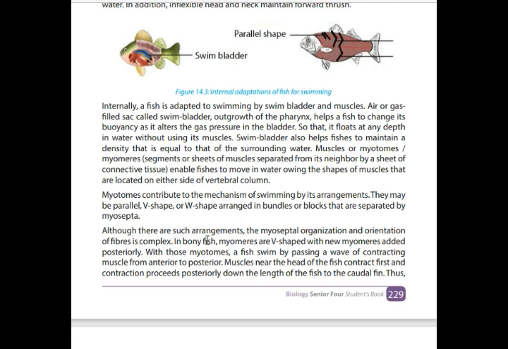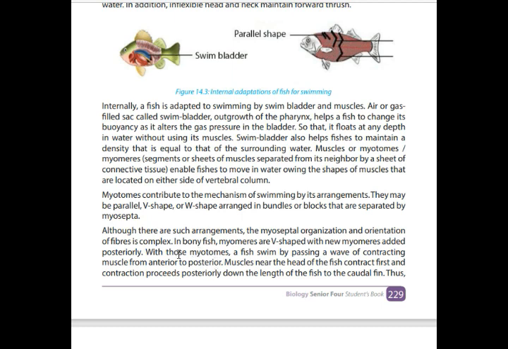Myotomes and myosepta orient more perpendicularly to the midline, to push aside.